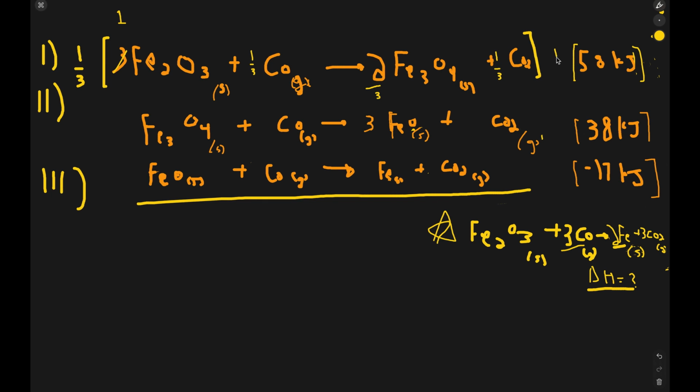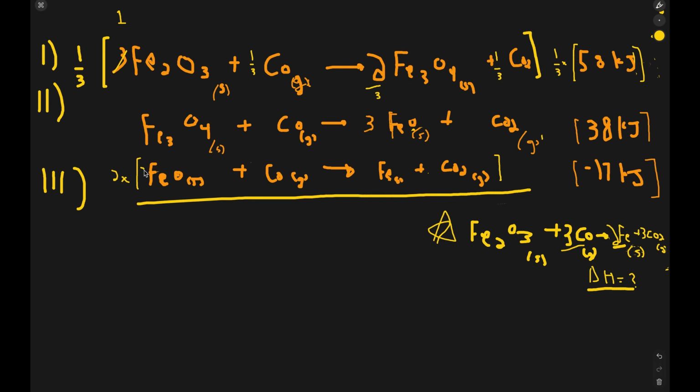And we also have to cut the enthalpy by 1/3. Next up, let's look at the third equation. We have 1 iron, but we want 2. So we're going to multiply this equation by 2. Simple as that.